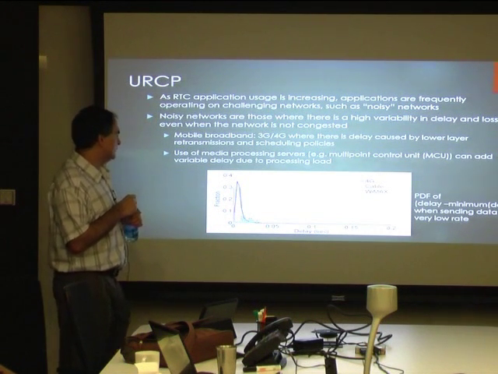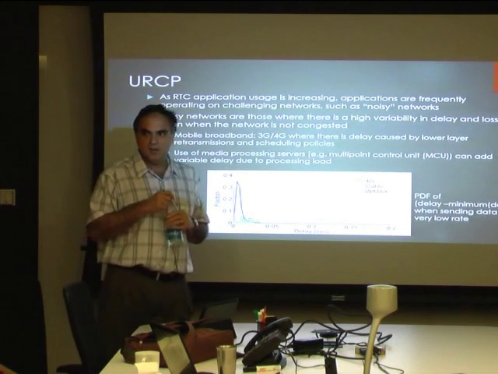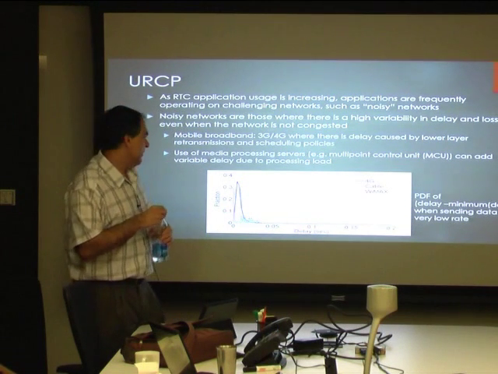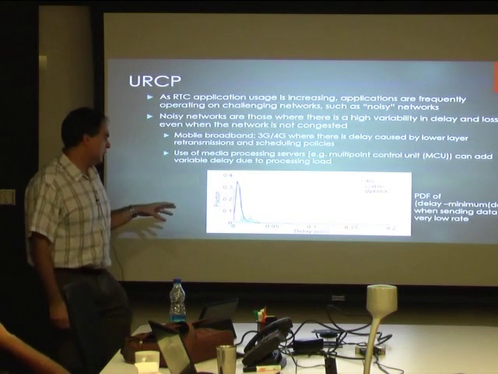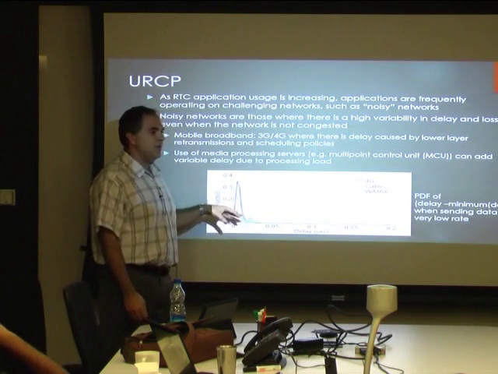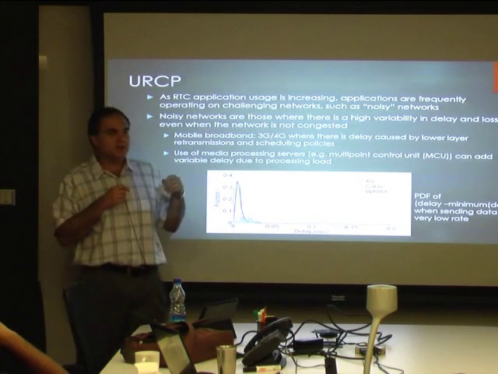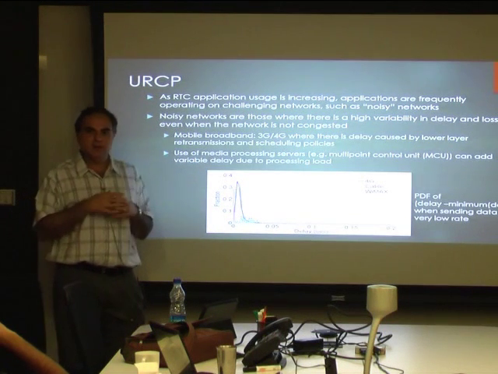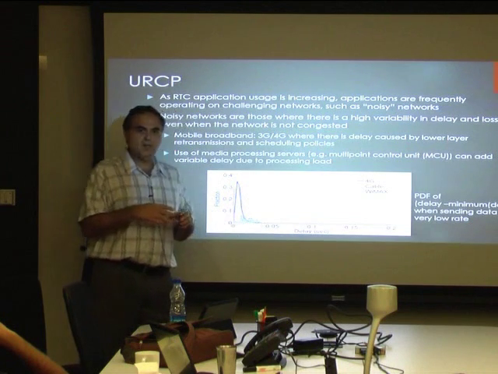And the main reason for this essentially turns out to be that these networks are kind of noisy. What I mean by noisy networks is that if you consider a network and you send at a very low rate, so you send packets at something that shouldn't be exceeding capacity, like 20 kilobits per second or 30 kilobits per second.